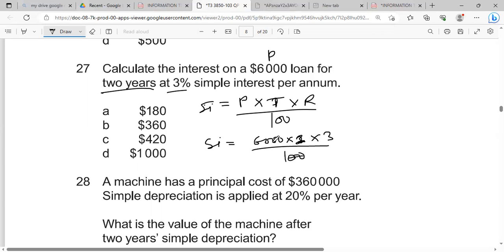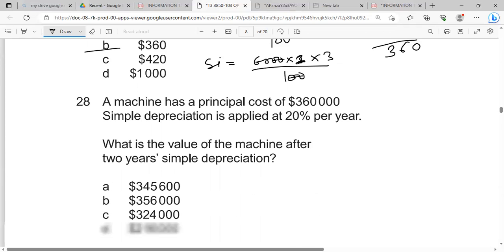So this gone, this gone. So we have 60 times 2, which gives us 120. And we times it by 3. So it's $360. All right, let's look at number 28.